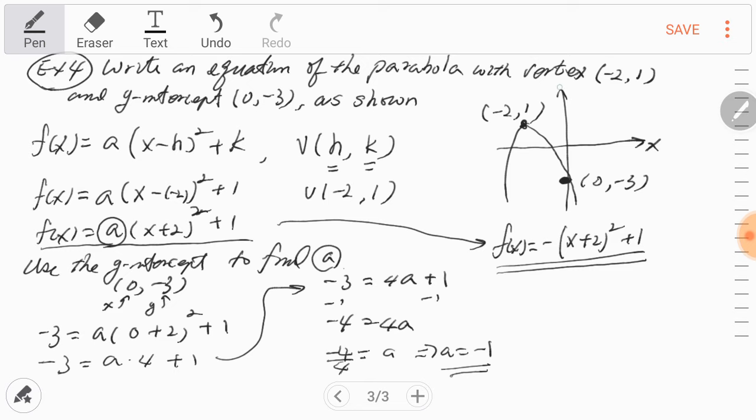So it's very important: if the vertex is given, then write the quadratic function in vertex form. Then just replace h and k with the coordinates of the vertex. And then find a, the leading coefficient, using another point that is given.